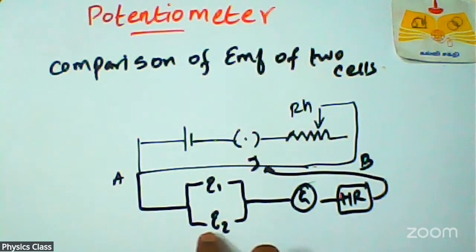So here there are two cells, that's why there are two EMFs.